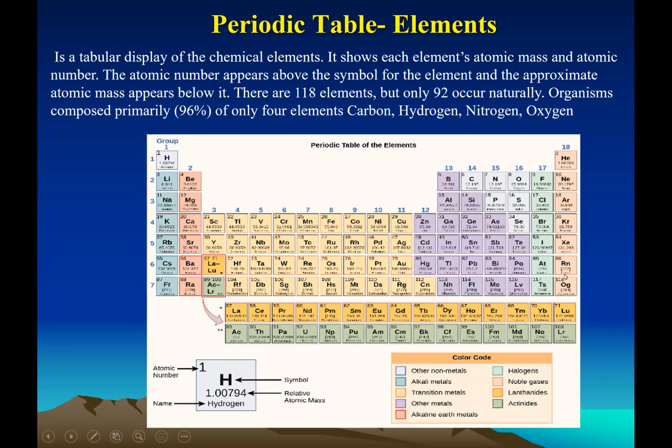These noble gases are not reactive at all. That's why they're called noble gases. So depending on the position in the periodic table, you can guess the property of that element. And of course, the atomic number, the atomic mass and the symbol for every element is shown.